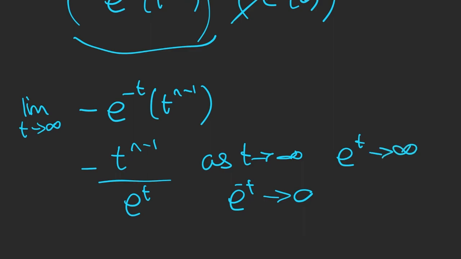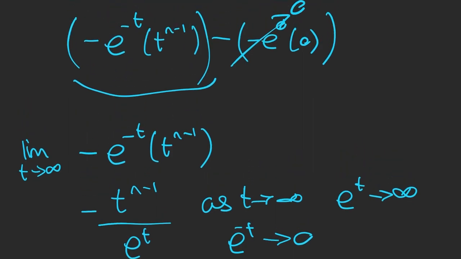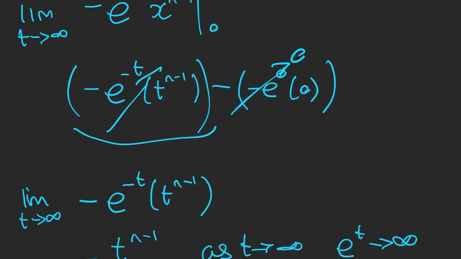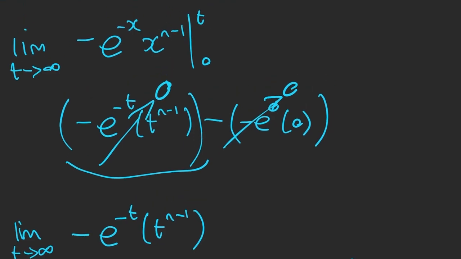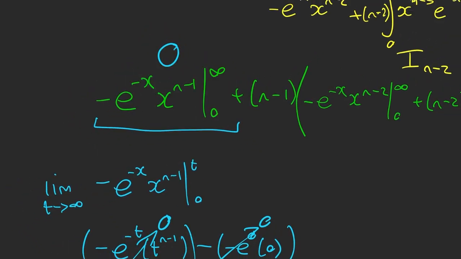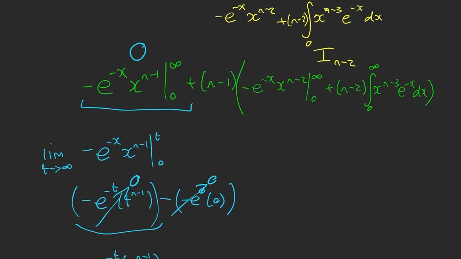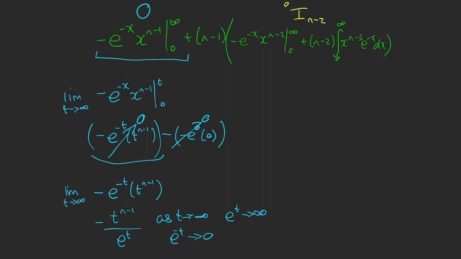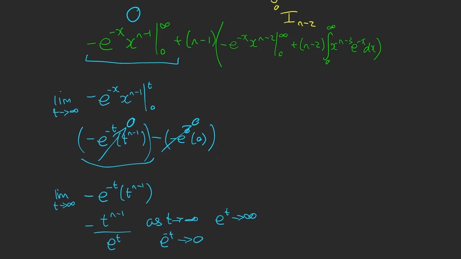And so if you take the reciprocal of that, you're going to get 0. So that means this entire thing approaches 0, so we can replace this with 0 essentially. So every time we see a negative e to the negative x times x to the power of anything evaluated from 0 to infinity, we're going to replace that with a 0. So let's rewrite what we have got so far. If I quickly just zoom out.